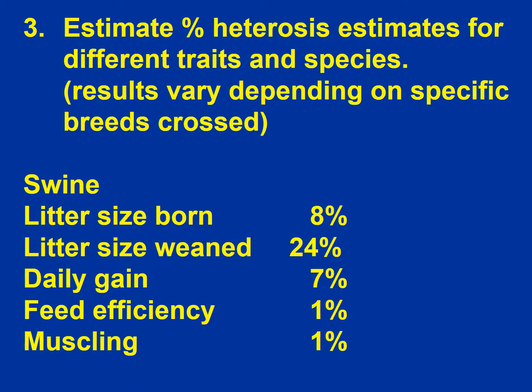For the next few slides, we'll have estimates of heterosis from different studies done by different species and different traits. So heterosis will vary quite a bit. We tend to get a lot of heterosis for reproductive traits in swine. So heterosis for litter size born is about 8%, or 1 extra pig per litter.